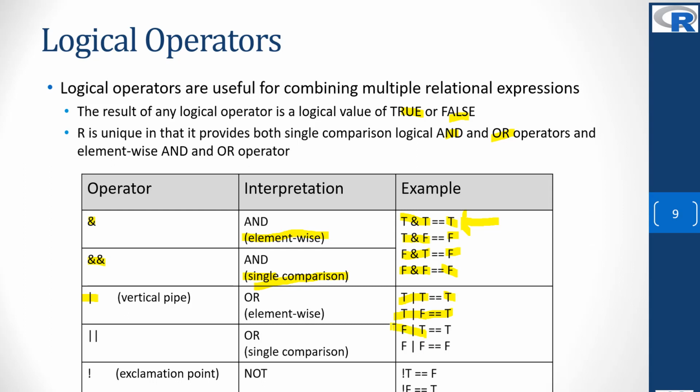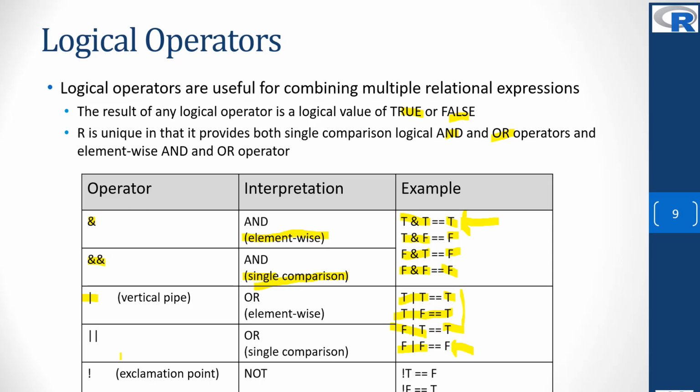False or true, just a different ordering, also true. So the only result where the whole expression is false is when everything in the relational expressions evaluates to false. So again, this applies to two or more relational expressions. And so if any one of them were true, no matter how many you have, the result's going to be true. Only if they're all false will you get false out of this.